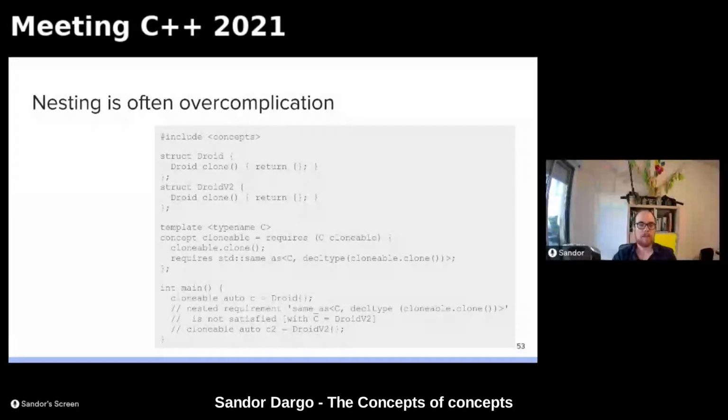Well, this concept will catch the copy-paste error that we made. If you have a look at the last line of the main function, you will see that clonable auto C2 with droid v2 would not compile because this nested requirement, it even tells us that it's a nested requirement, is not satisfied with droid v2.